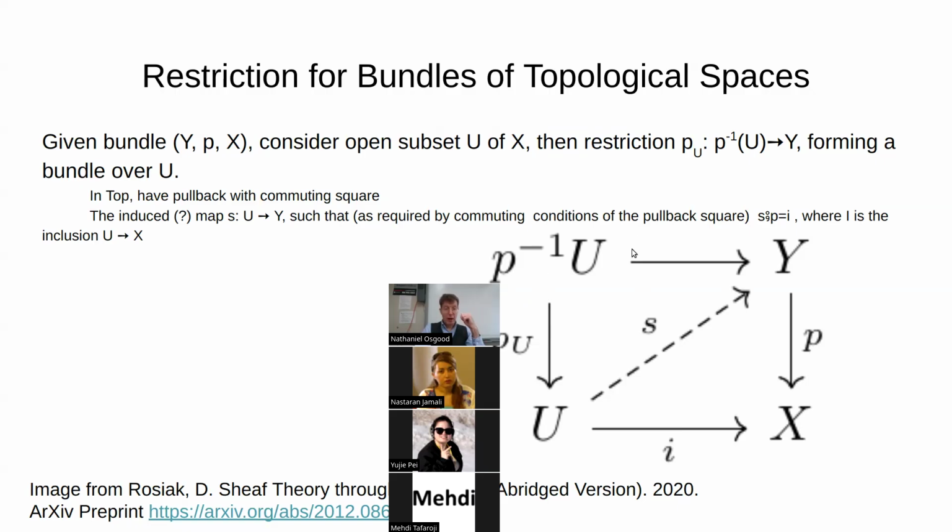This is like the inverse image for U. So this is like the subset of Y that applies over U, and that maps down from U via P over U, restricted to U. It's P restricted to U. And what Daniel Rosiak says, and I need to grok why this must be, because it's a pullback square, this must commute, right?